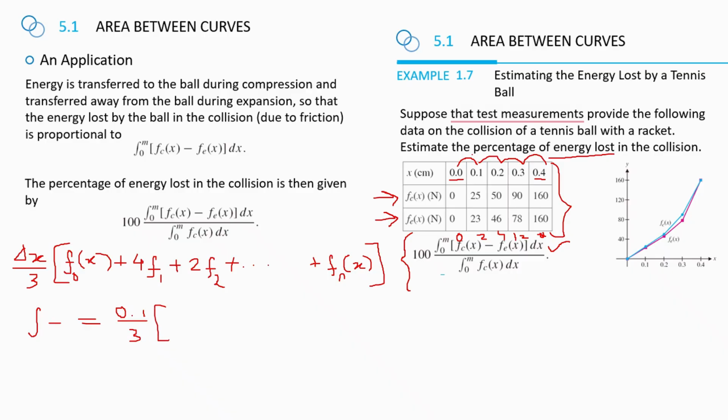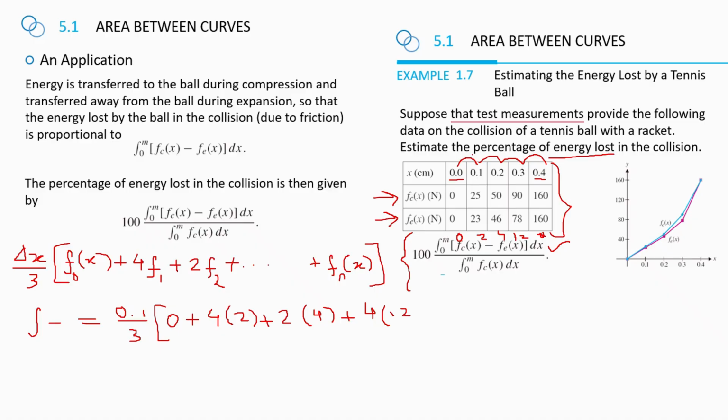times the first value, no change, which is 0, and also the last value, no change, which is also 0. In between, we start multiplying with 4. So 4 times 2, that is the second value. Now 2 times 4, which is your third value. One more value is there before the last term, which is 12, so multiply it with 4.